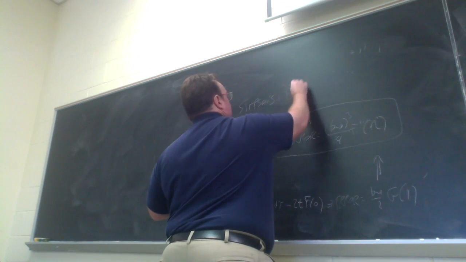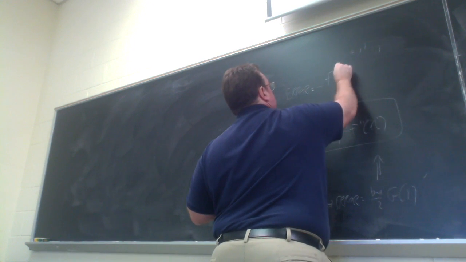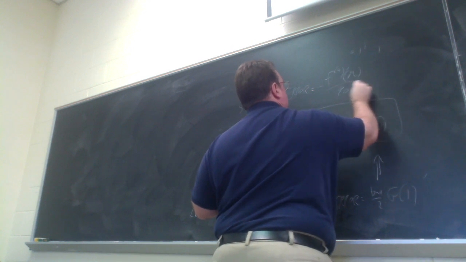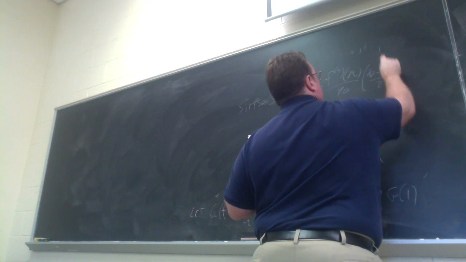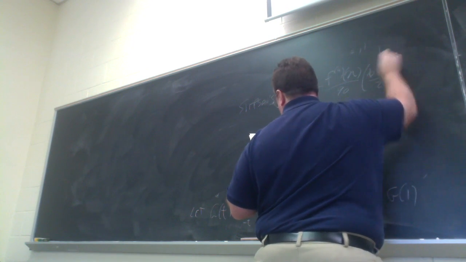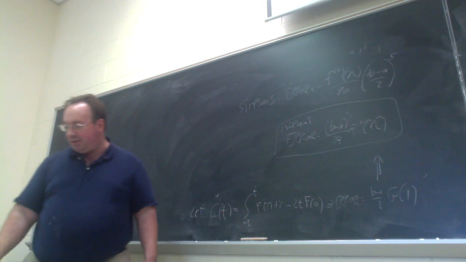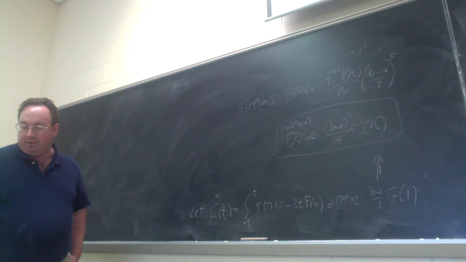So the error in that case is minus fourth derivative at an unknown point over 90 times b minus a over 2 to the fifth power. Okay. So those are the errors in these basic Newton-Cotes rules.